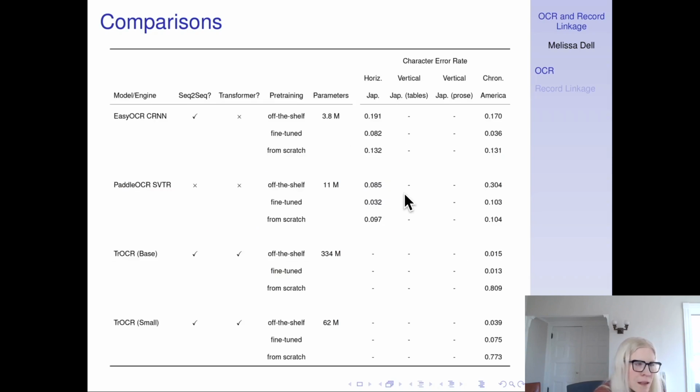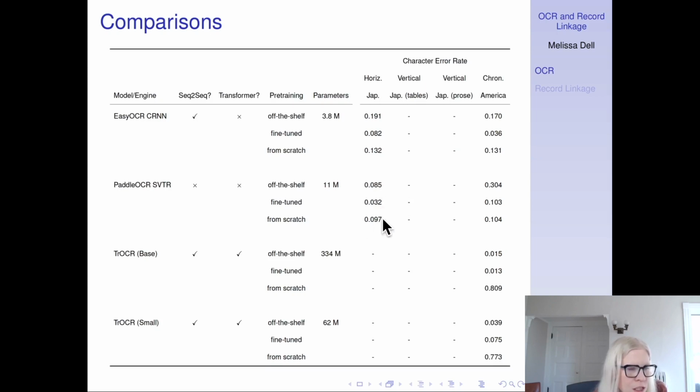When we look at open source OCRs that we can either fine-tune or train from scratch, the next best alternative for horizontal Japanese is going to be Paddle OCR. Take the Paddle OCR model and fine tune it on our labeled crops, same ones EffOCR is trained on. It still makes about 5 times more errors than EffOCR.